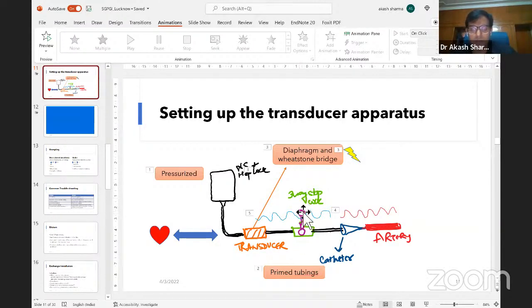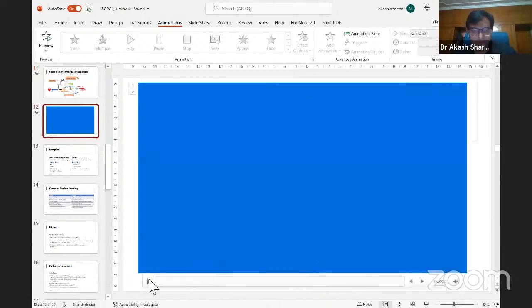Once you do that, you are telling the transducer that this is the atmospheric pressure. Once it calibrates, you close this three-way stopcock towards the atmosphere and push it again towards the patient end.